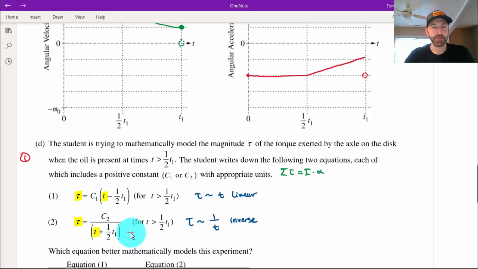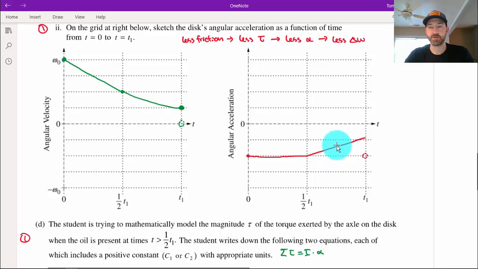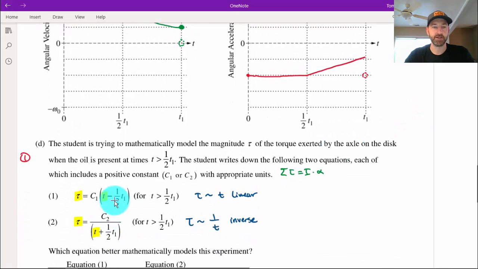So the limitations here: while this does look in our picture to be kind of linear, the problem is what happens after T1. After T1, it keeps increasing if it's a linear equation. At some point the torque is going to go up to 0 and then get bigger still. So as time goes by, the torque is going to get bigger and bigger and bigger.